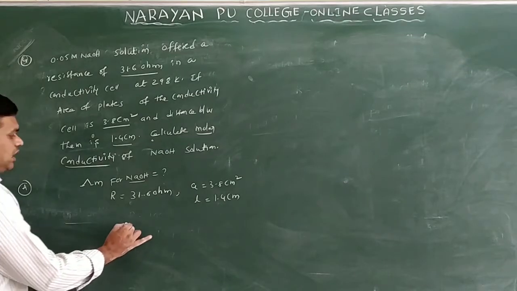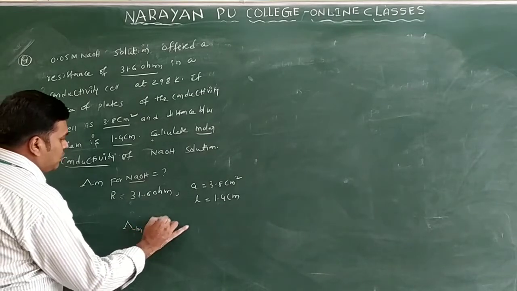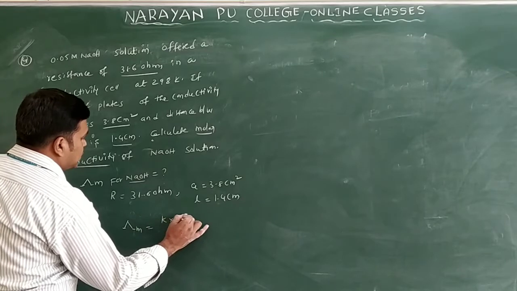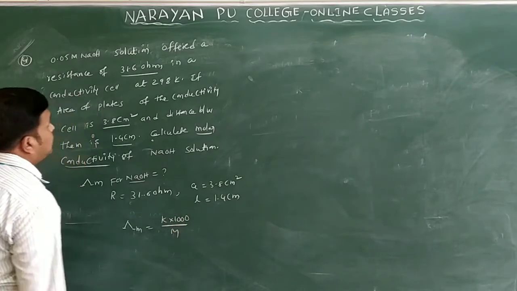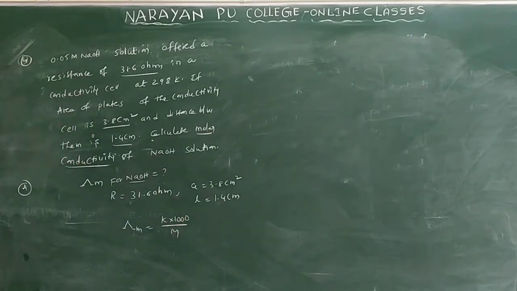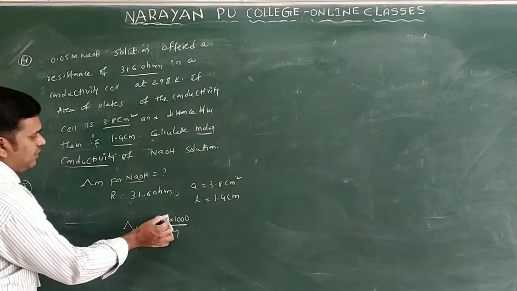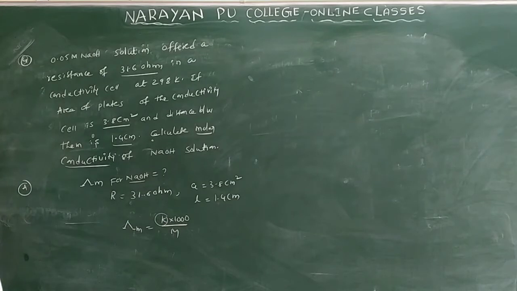You know one formula: molar conductivity is equal to K into 1000 by molarity only. But here you can see, we don't know the K value. K value is not given. You can find out the K value, then substitute it in this equation and you will get the answer. But here the molarity is already given.